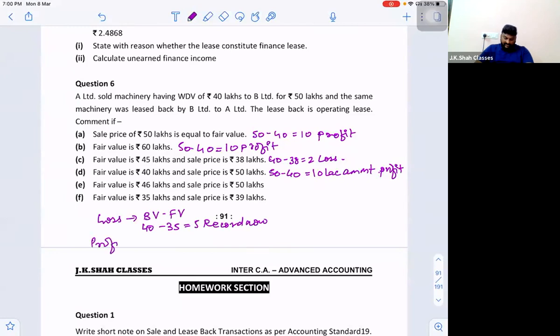And we will also say there is a profit. How profit? Selling price minus fair value, that is 39 minus 35. So we have a 4 rupees of profit amortize. And difference is 1 rupee net loss. Correct? Right?